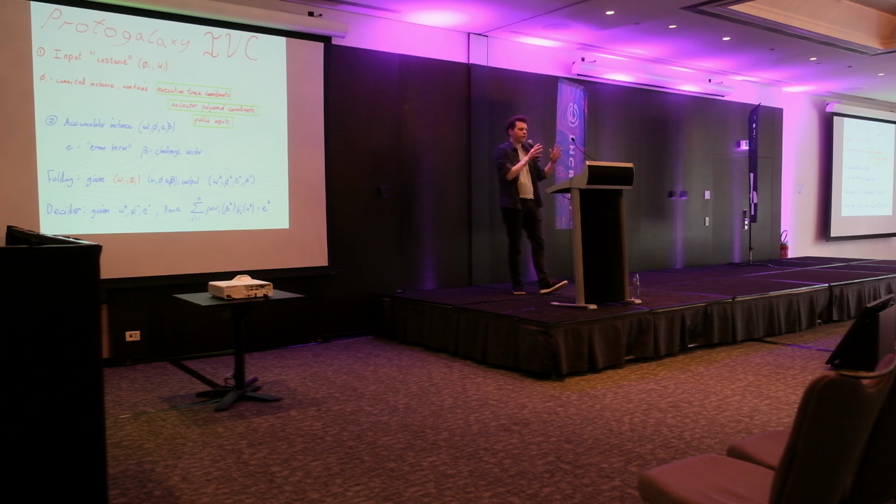And whenever you do that, you're going to get weird error terms and cross terms, because instead of checking a gate relation over one circuit, you're checking a gate relation over a random combination of multiple circuits.